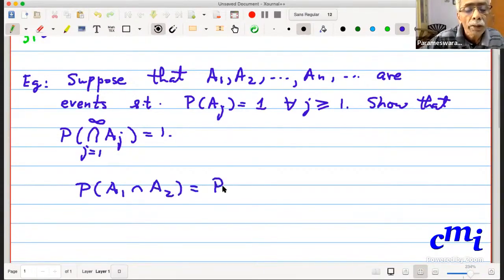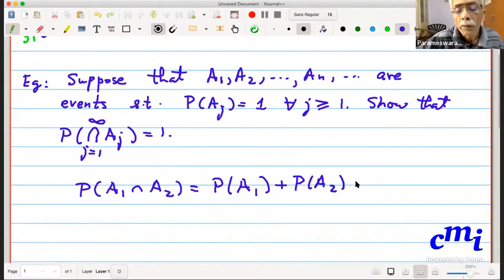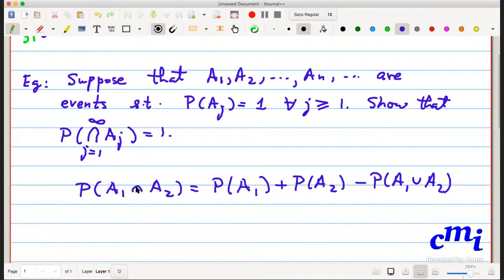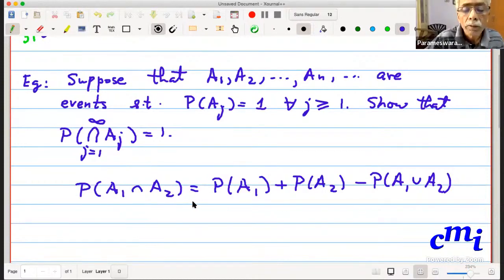It is very much like the one for union: this is probability of A1 plus probability of A2 minus the probability of A1 union A2. So you take this to this side and this to this side, and you see the formula looks more familiar. And this is equal to 1 plus 1 minus 1, so that's equal to 1.